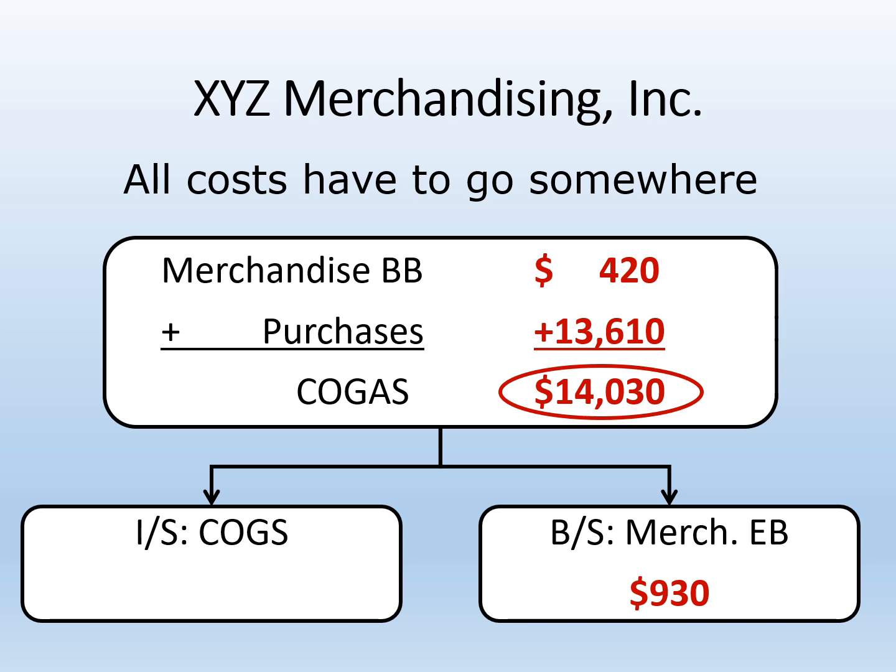It's an asset because the firm can sell that merchandise in the next period and generate sales revenue in that period.